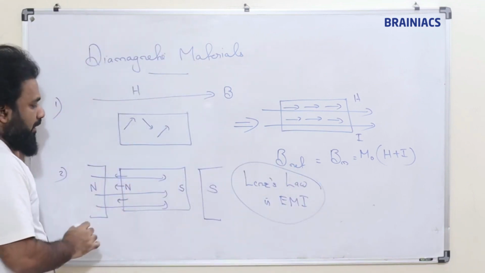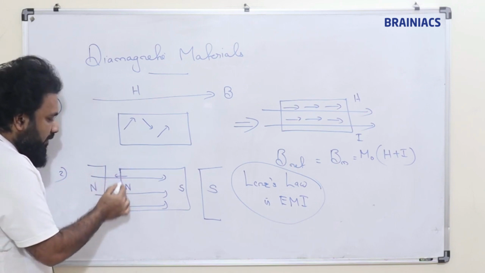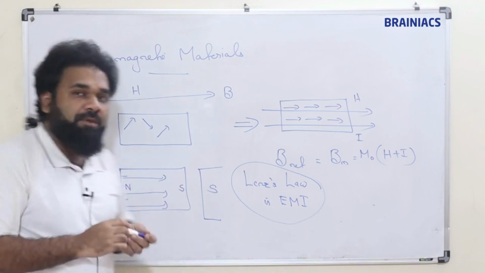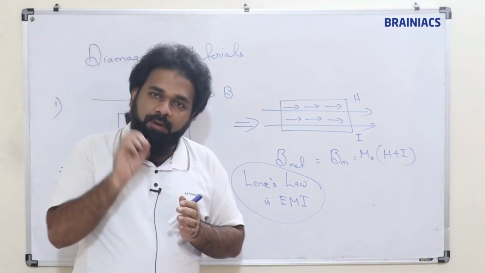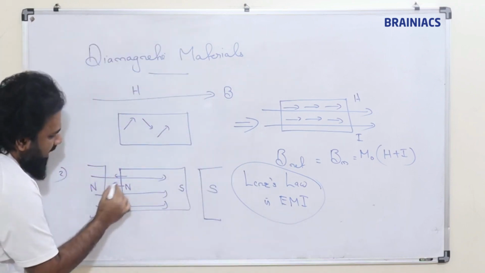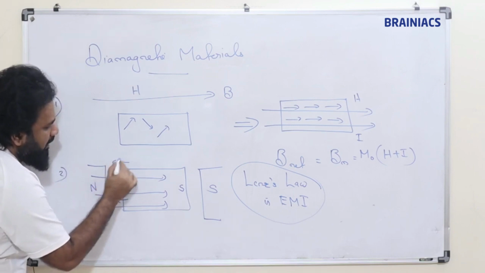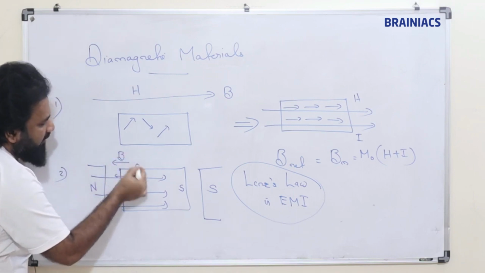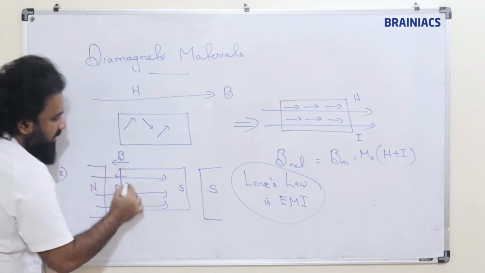Anyway, in short, there will be a small value, not a big value, but a small opposition will be there. So a small magnitude of magnetic field will be acting in the opposite direction.